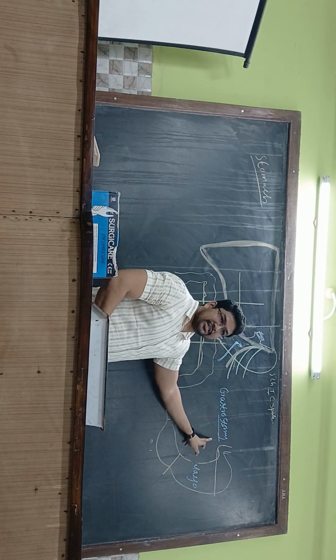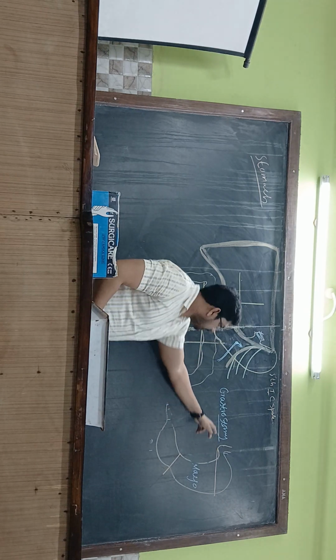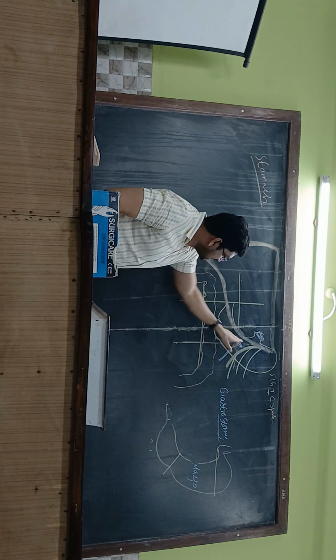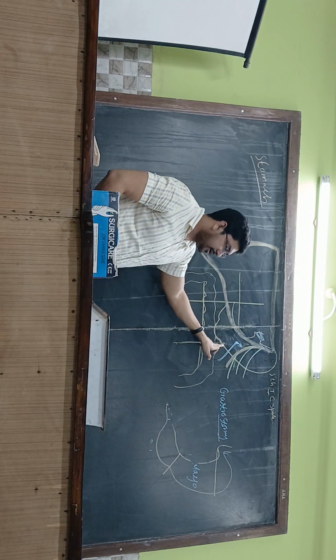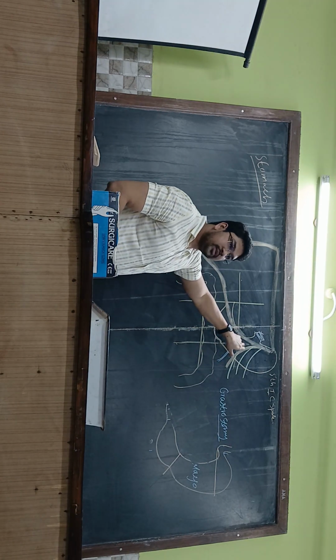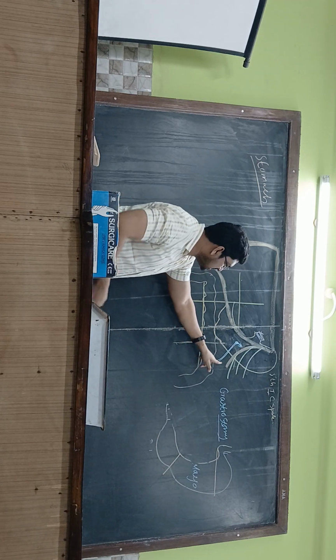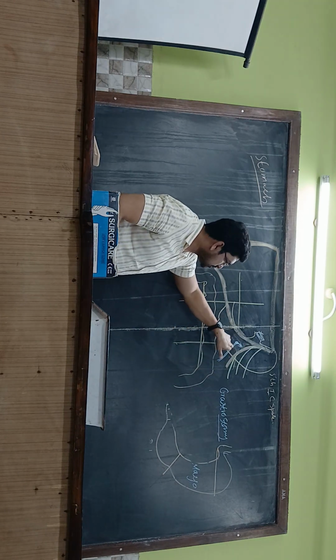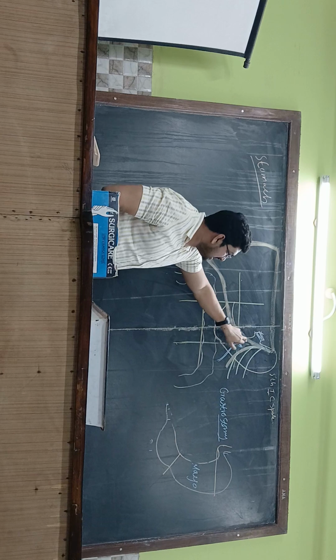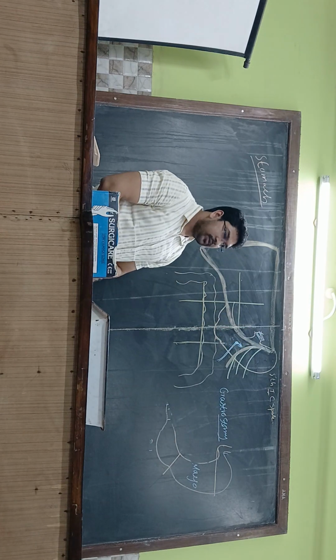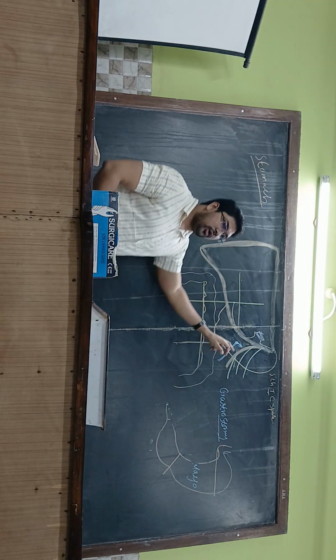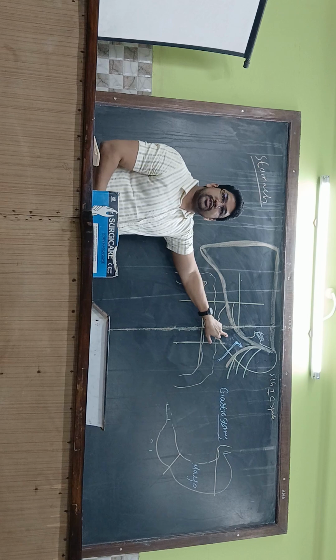Putting an opening in the stomach is called gastrostomy. So if you put an opening at this triangular area and put a tube into the stomach to feed the patient, passing the food materials directly into the stomach, bypassing the esophagus, that's why we are supposed to know about this triangular area of the stomach.